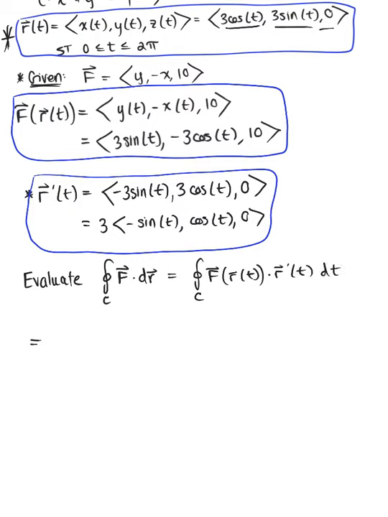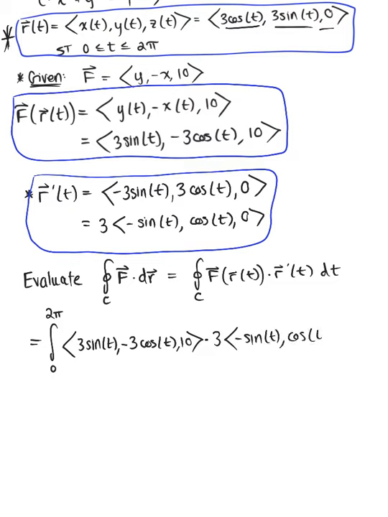So plugging in everything that we just found, we have the integral from 0 to 2 pi of our parameterized vector field, which is 3 sine of t, minus 3 cosine of t, 10. And we are dotting this with 3 multiplied by the vector minus sine of t, cosine of t, 0, dt.